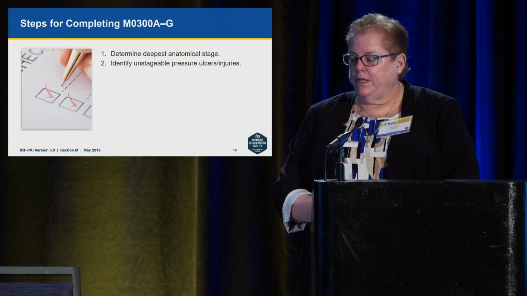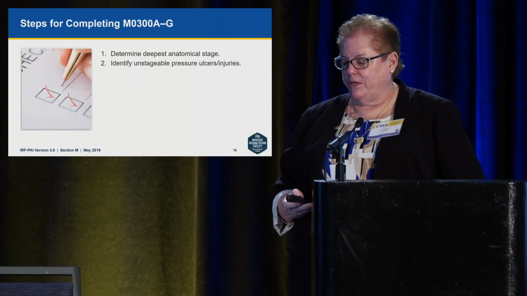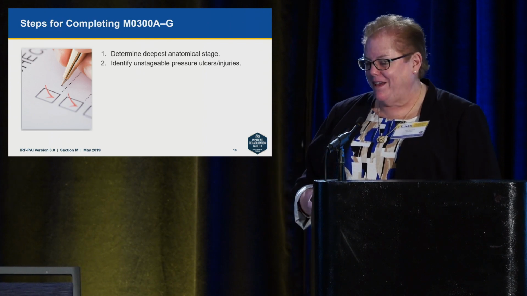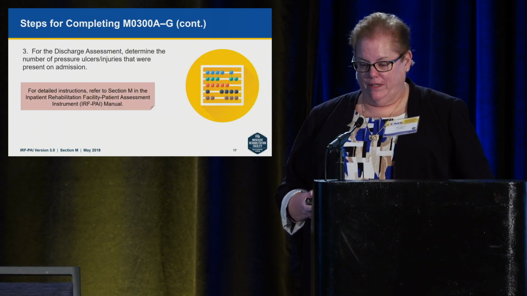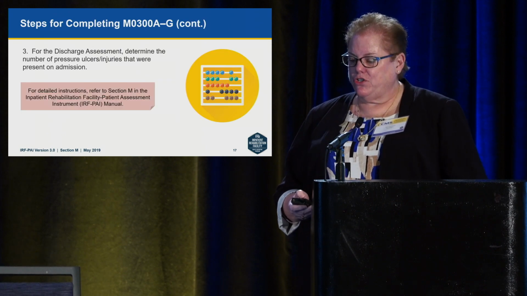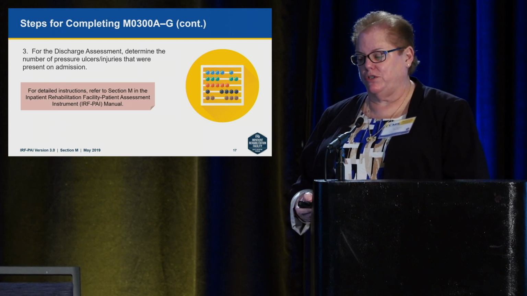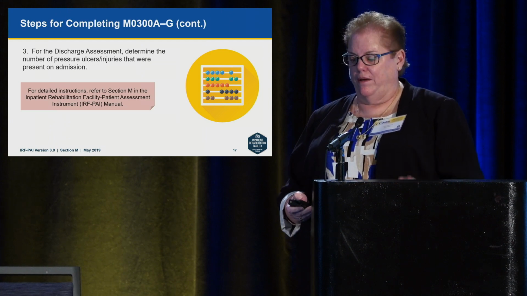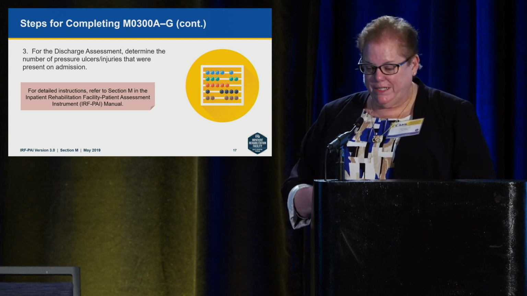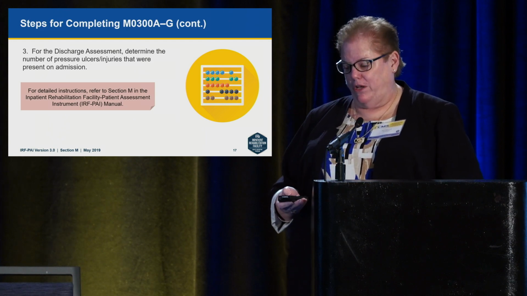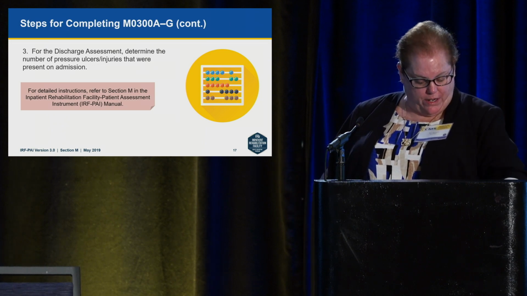Okay, so steps for completing M0300A through G. Determine the deepest anatomical stage, which we just talked about, and identify unstageable pressure ulcers or injuries. So for the discharge assessment, determine the number of pressure ulcers or injuries that were present upon admission. So that's the first step, what was present upon admission. And then there are pretty detailed instructions in the IRF-PAI manual, so we encourage you to go to the manual and look at that.